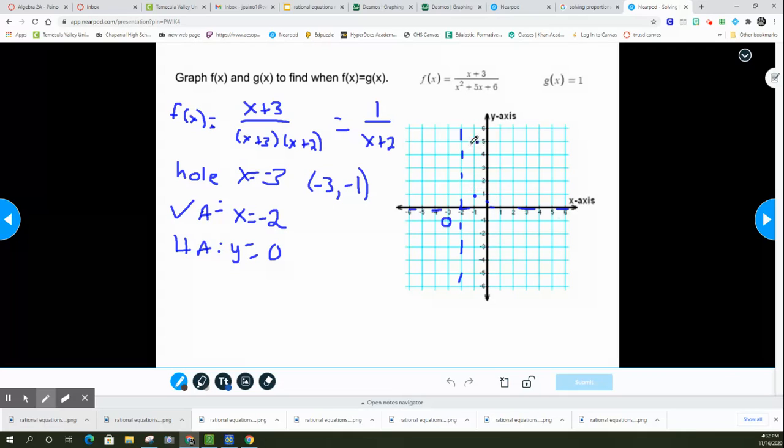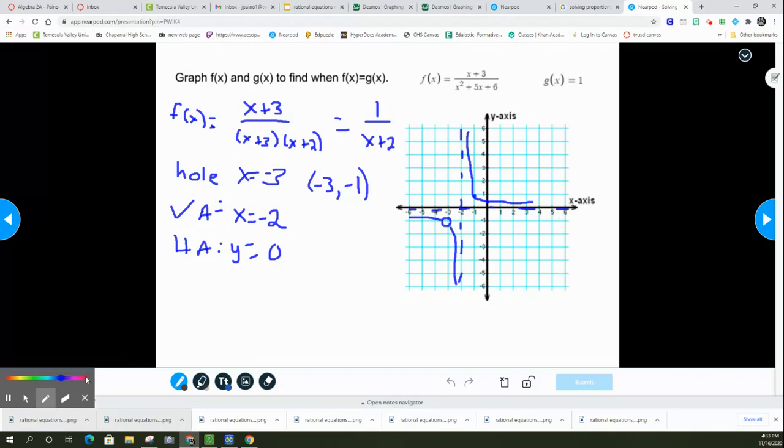Okay, so just sketching this out. Got a point there, and then this one will be coming this direction with that hole right there. And g of x is 1, so that's just a horizontal line.